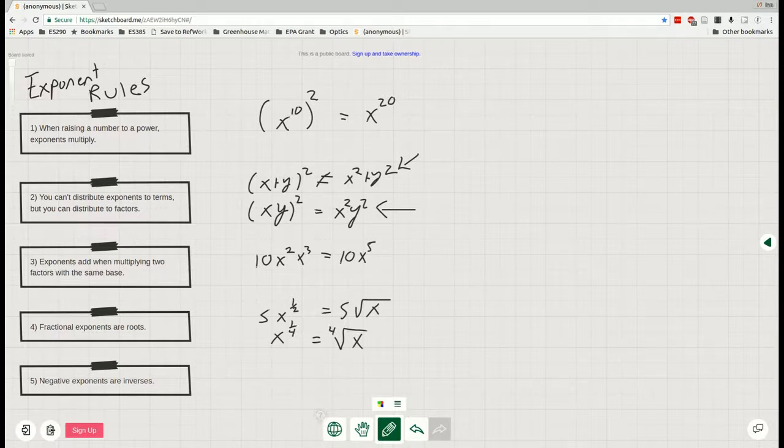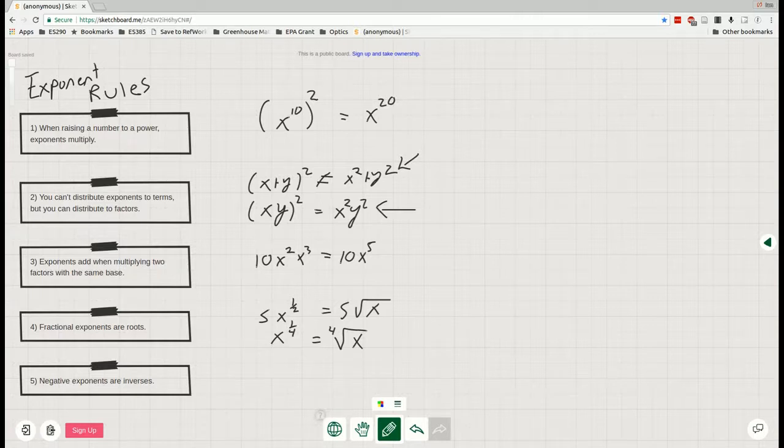In other words, this value multiplied by itself 4 times will give you x. Okay, so it's kind of like a square root, but there are more multiplications going on. At any rate, that's what these fractional exponents are corresponding to.